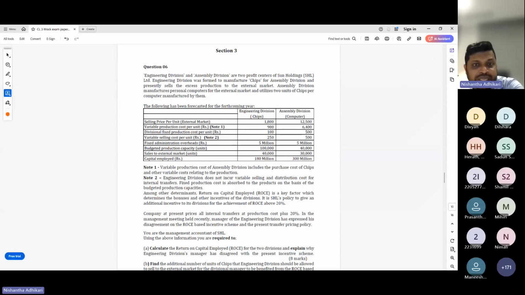Engineering division does not incur variable selling and distribution costs for internal transfers. Fixed production overhead cost is absorbed to the product based on the budgeted production capacity. Right, fixed production administration of 5 million is given. Divisional fixed production cost is 100 and 500. Then you have to multiply by the capacity.